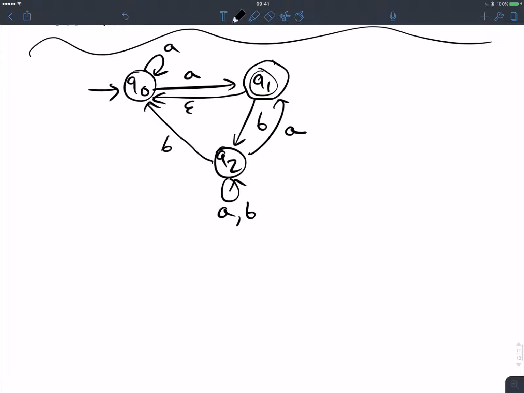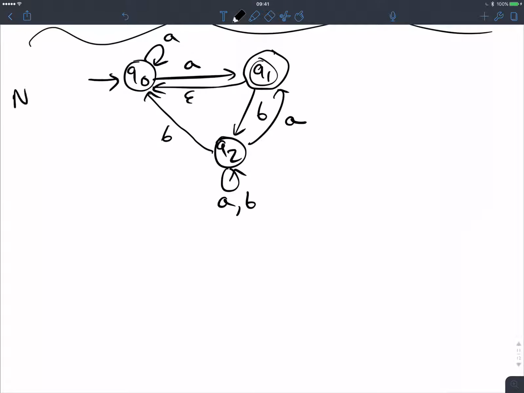Okay, so here's an NFA. Oh, what the heck. Let's add more. Okay, I think that's sufficiently complicated.